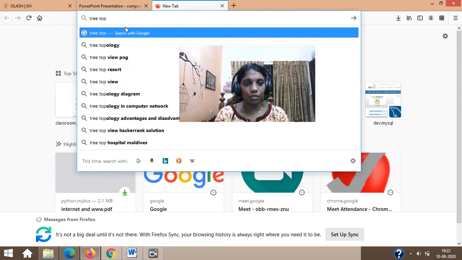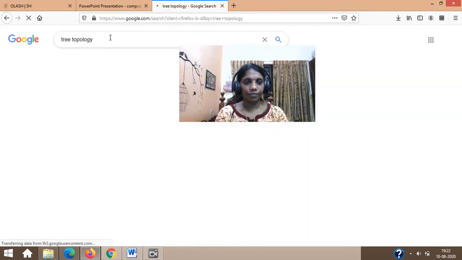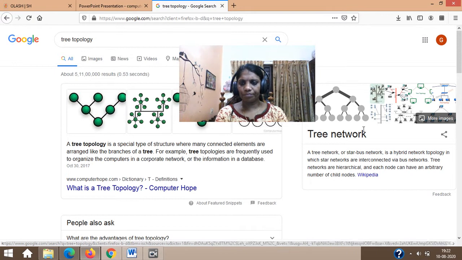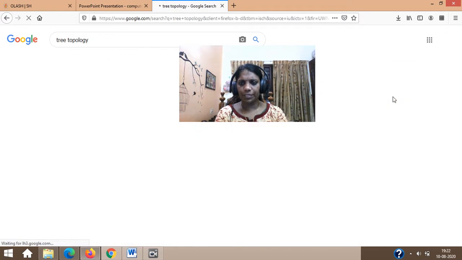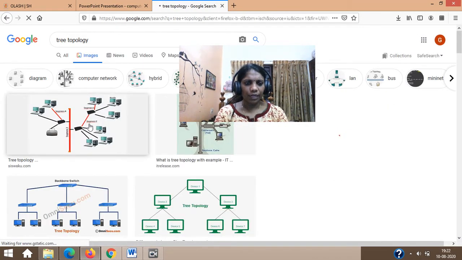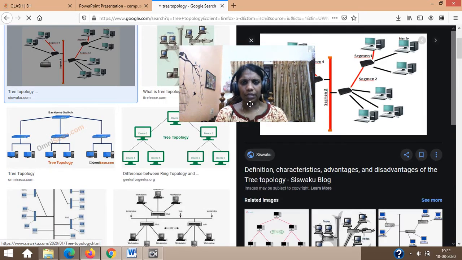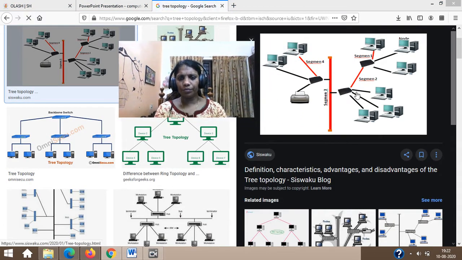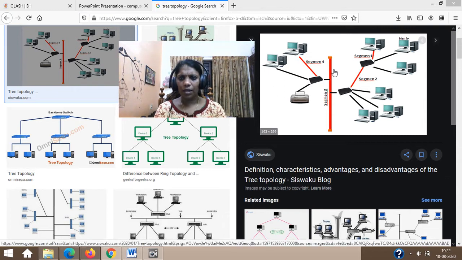tree topologies, good diagrams. Somewhat here. Something like this. I hope you can see clearly over here. Something like this. Even this is not bad.